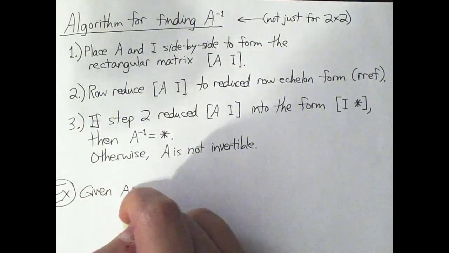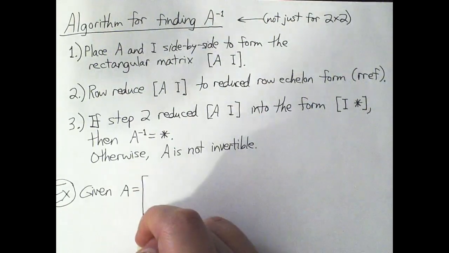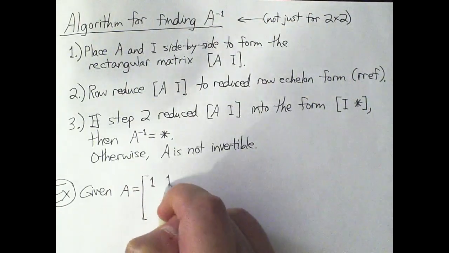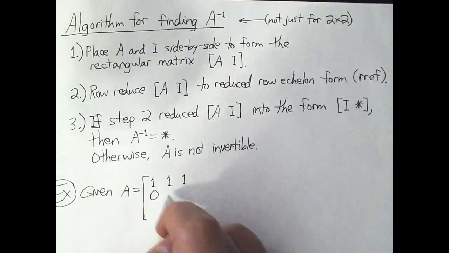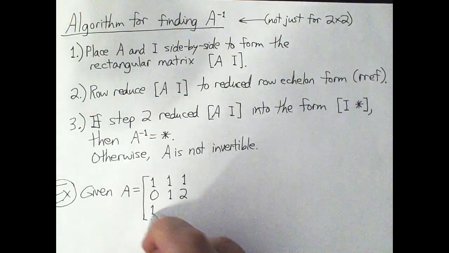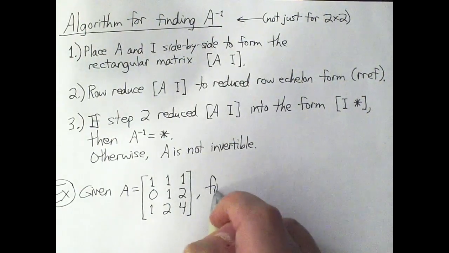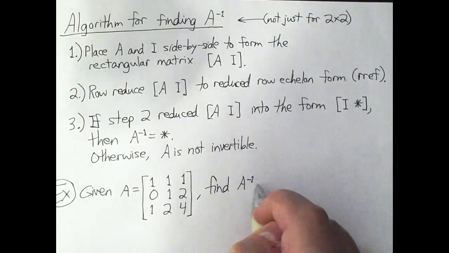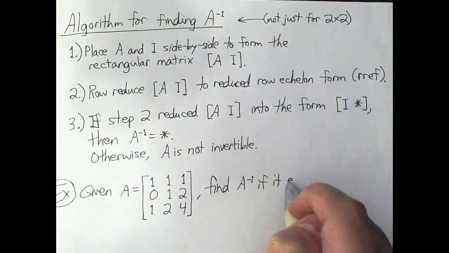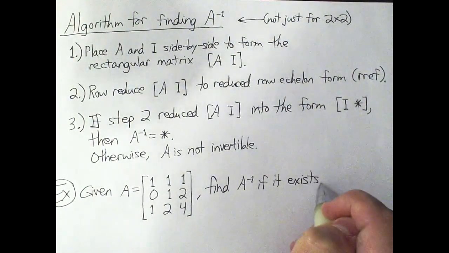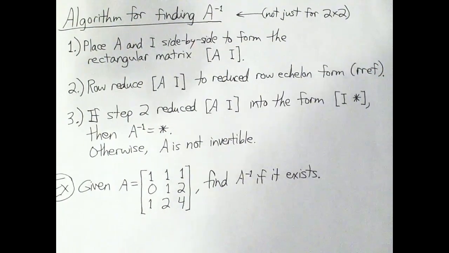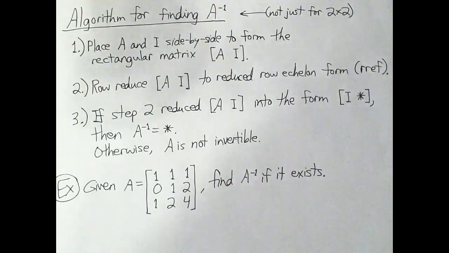Okay, given A equals [1, 1, 1; 0, 1, 2; 1, 2, 4], find A inverse if it exists. By the way, I'm going to get this started, but notice that for matrices of this size, we have not learned what the determinant is yet.